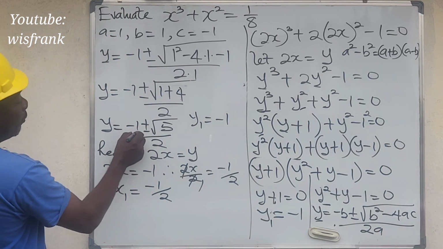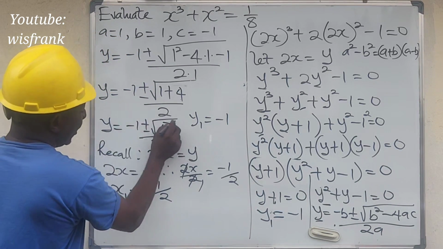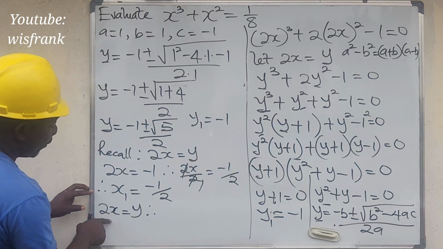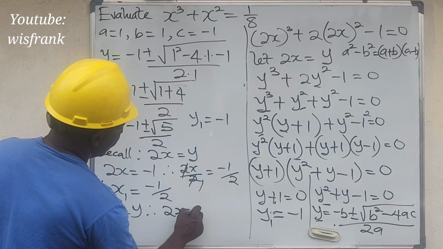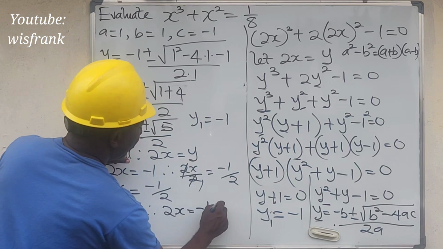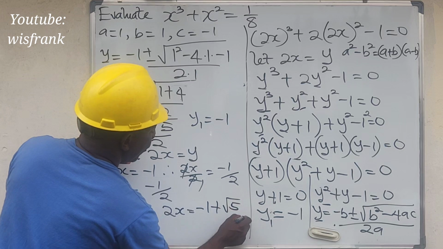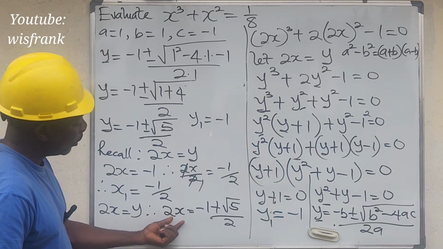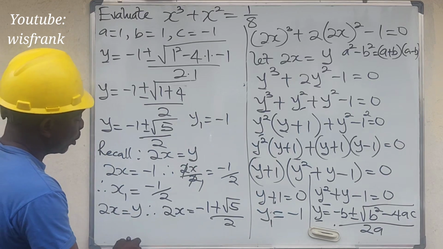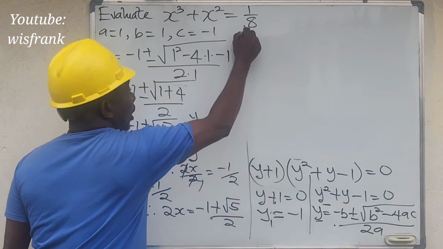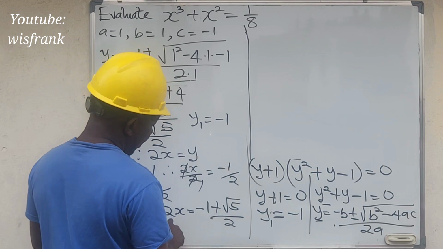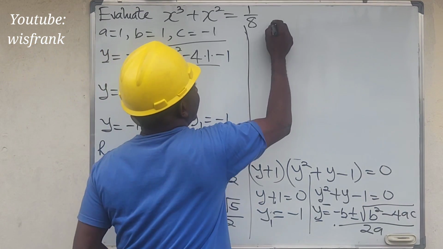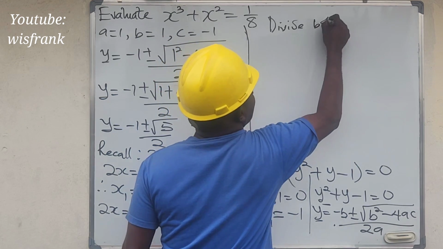Then the second one: we have two other values of y in this place. So we have 2x equals y. Therefore, for this value of y, we have 2x equals minus 1 plus the square root of 5 all over 2. From here, we can divide both sides by 2.